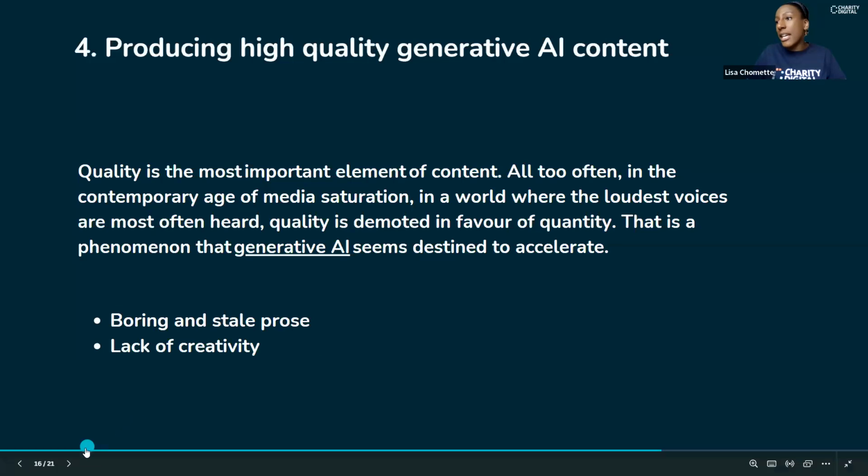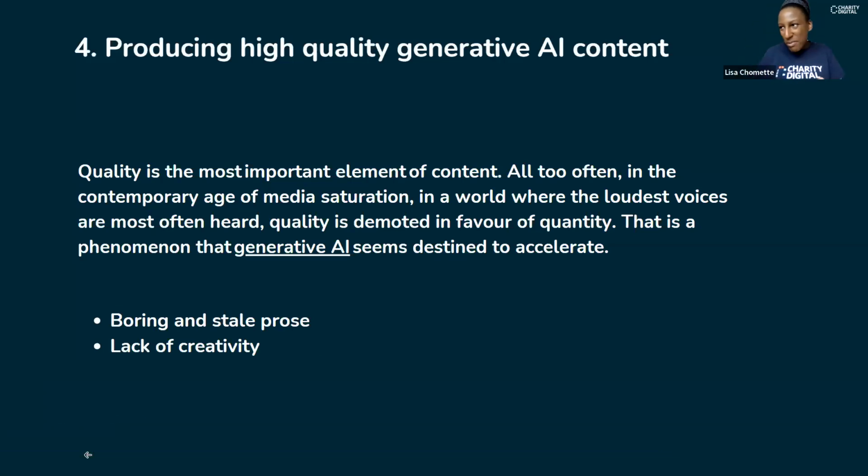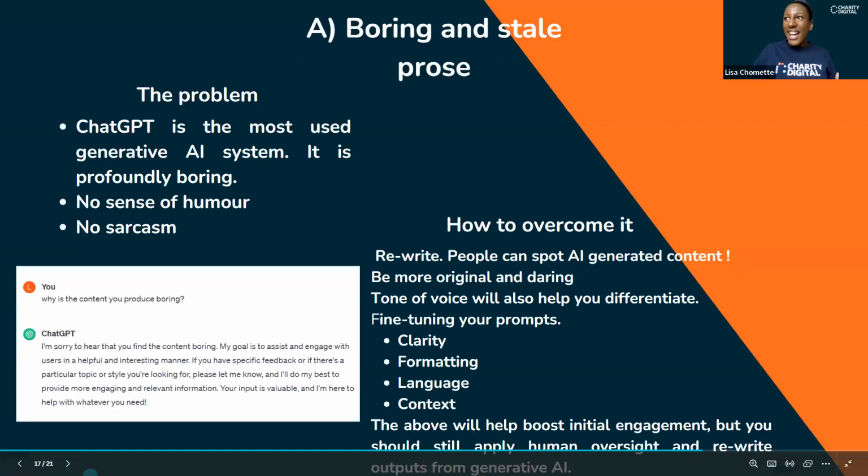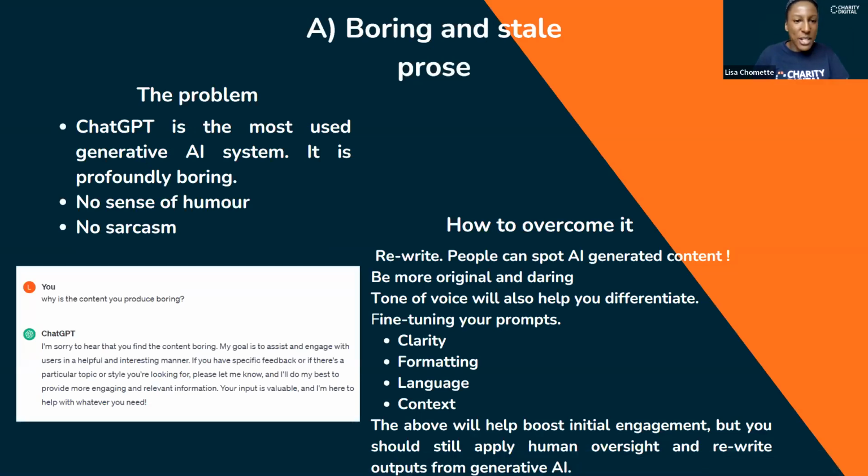And basically, we just have a quick look at what to do with boring and stale prose from ChatGPT and the lack of creativity. ChatGPT is obviously the main one, but there are plenty of others. It is quite boring. We asked whether it was boring, and it speaks for itself. It is sorry that you find the content boring, but obviously it hasn't been trained to be entertaining.